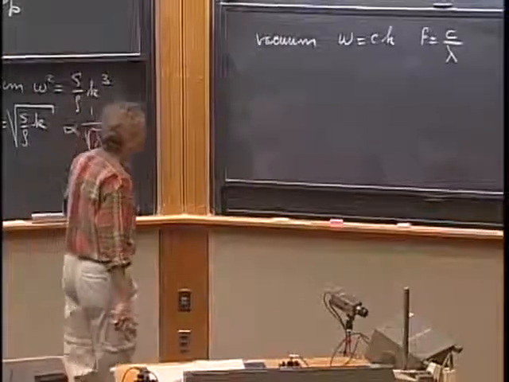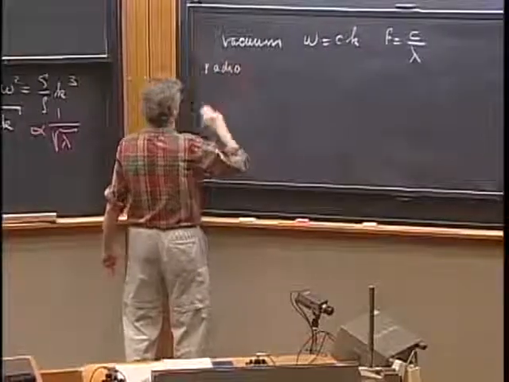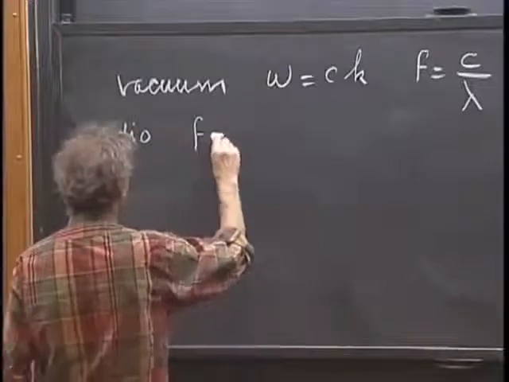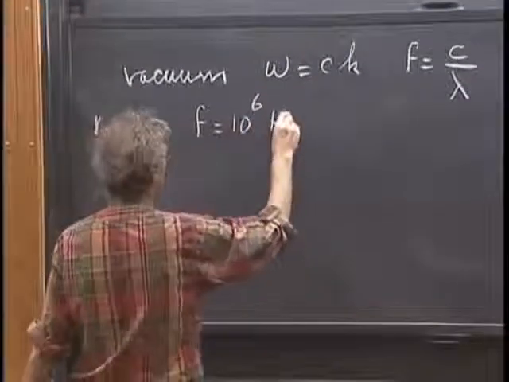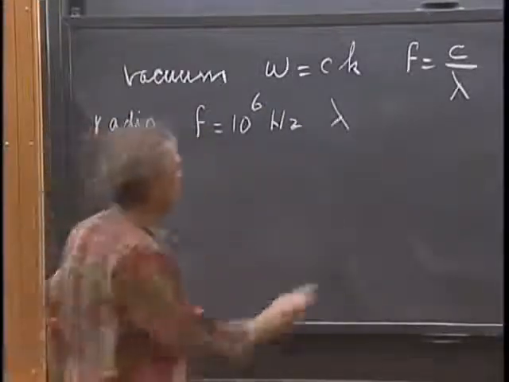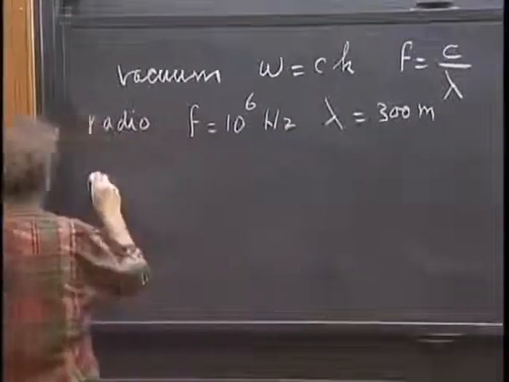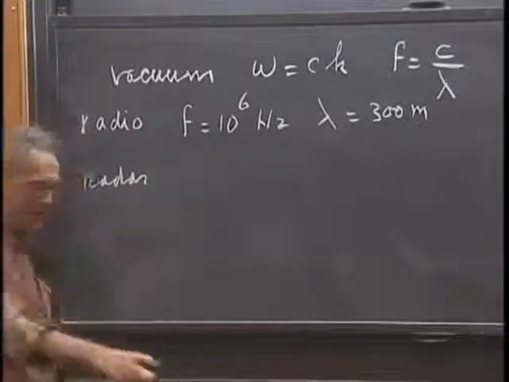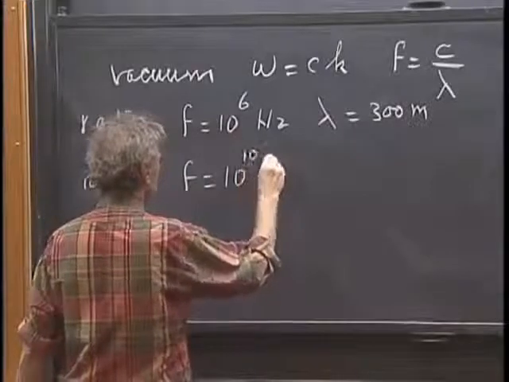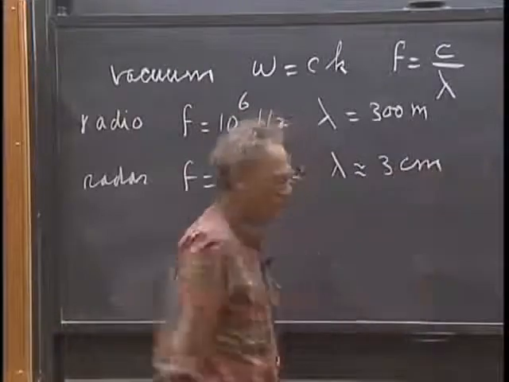And so we will encounter in 8.03 radio waves, and we will actually produce them. Let's say we take a frequency of about 1 megahertz, 10 to the 6 hertz. That would give you a wavelength of about 300 meters. You can use this equation. If we go to radar, which we have right here in front of us, the frequency is about 10 gigahertz, 10 to the 10 hertz, and so you have a wavelength of about 3 centimeters.